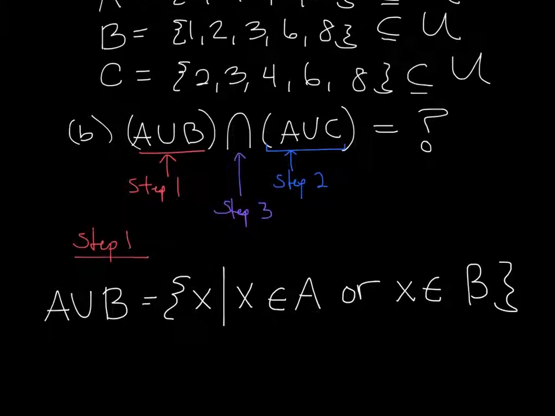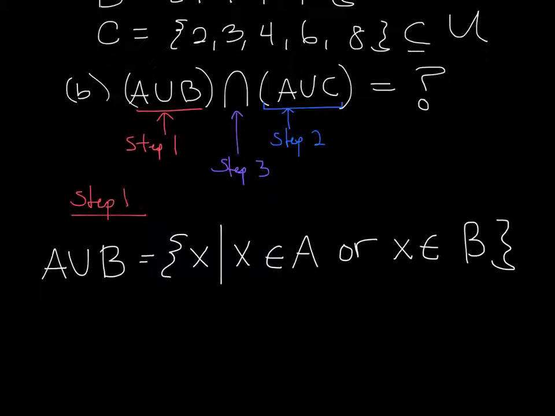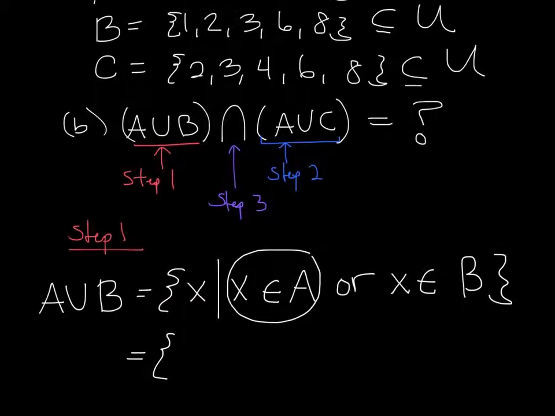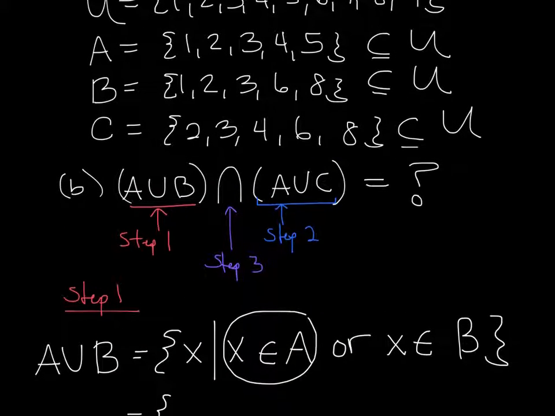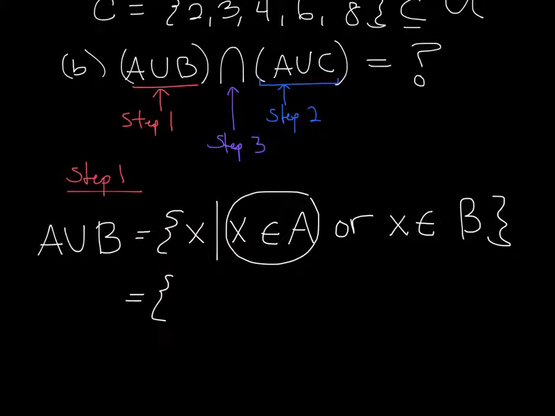Now let's translate this to this specific example. We have all the elements in A. What are all the elements in A? They're given to us: A is 1, 2, 3, 4, 5. So I'm going to write 1, 2, 3, 4, and 5.